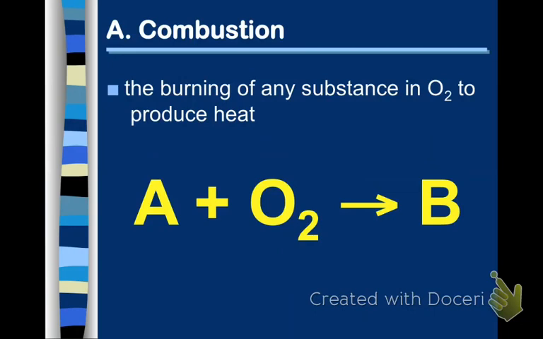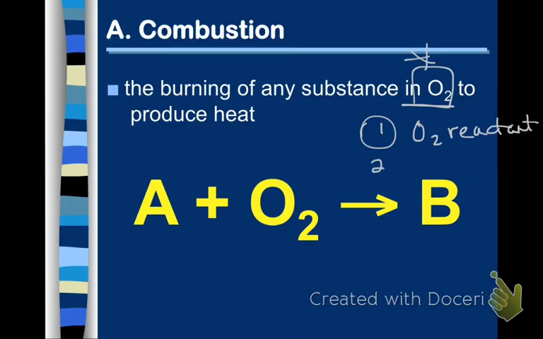Two things have to happen for you to have what is considered to be a combustion reaction. The first one, as it's shown here, is oxygen has to be a reactant. That is first and foremost: number 1, oxygen has to be a reactant.